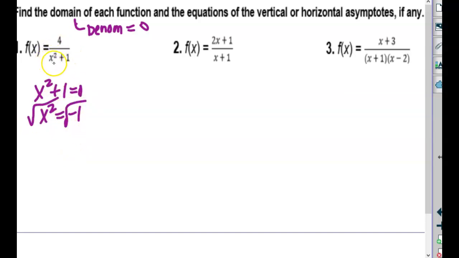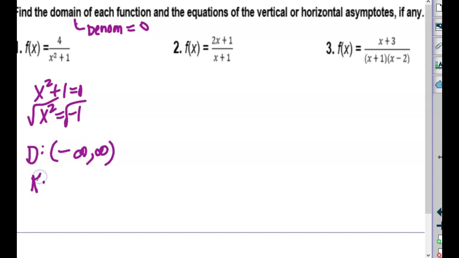Anything I put in there, square and add 1 to, is never going to be 0. Does that make sense? So there are no domain restrictions. I'm just going to write domain is all real numbers. Is that easier? Domain is all real numbers. And that means there's no vertical asymptotes.